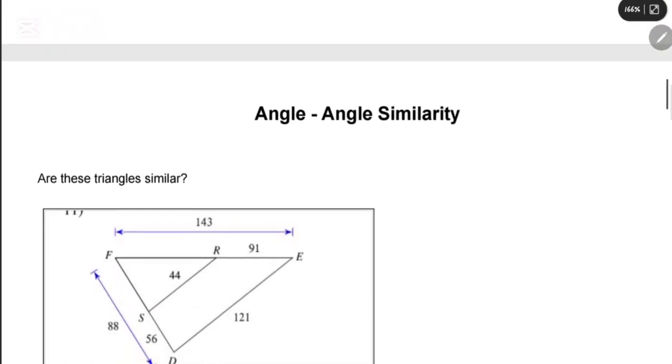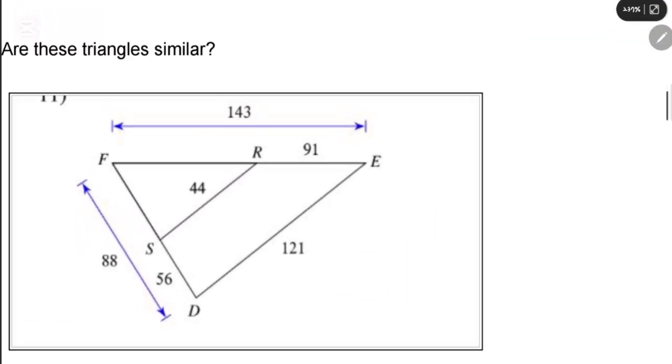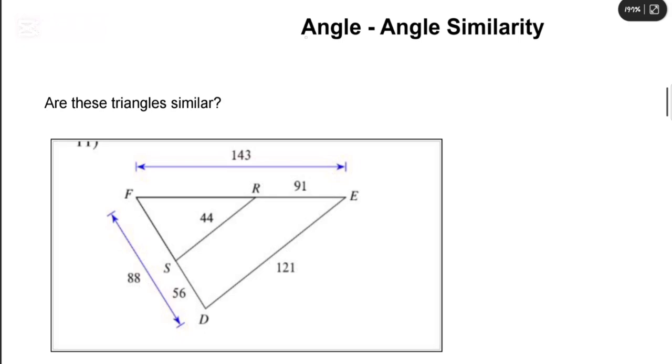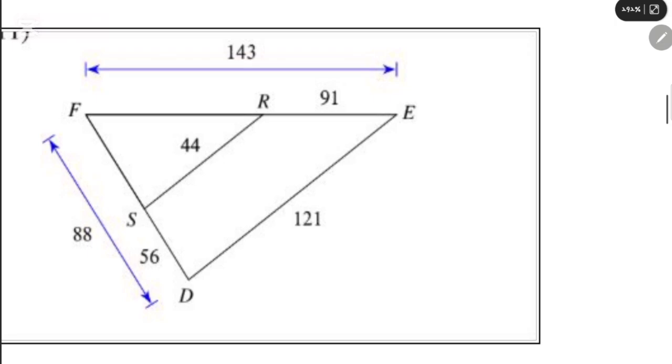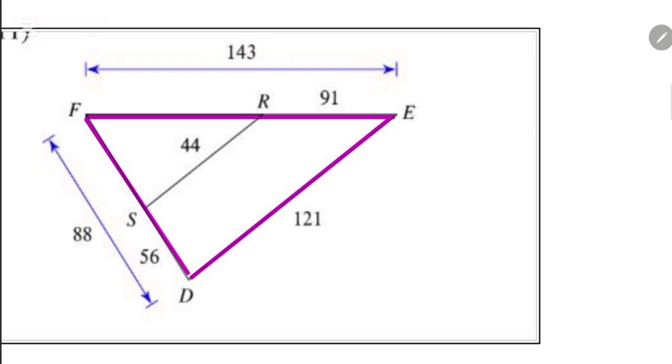Let's try another example. Are all these triangles similar? Angle similarity, same thing. So let's examine. First of all, see that they share... Let's split this into two triangles first.